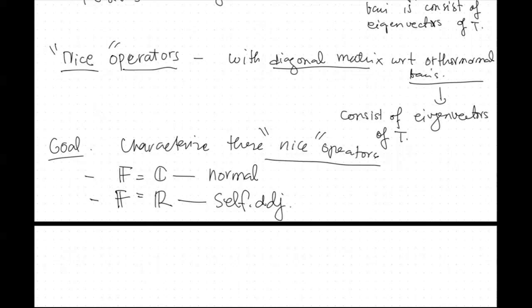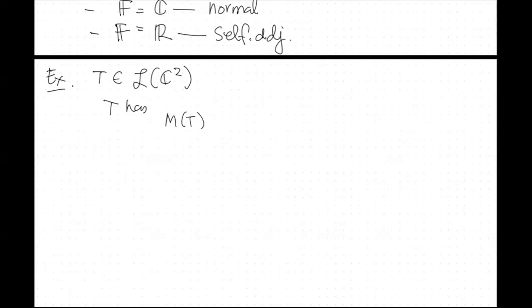All right, let's begin with an example. This is just to get a grasp of it. Suppose we have a linear operator T on C2, two copies of the complex numbers, and T has matrix M of T given by 2, -3, 3, 2, with respect to the standard basis.